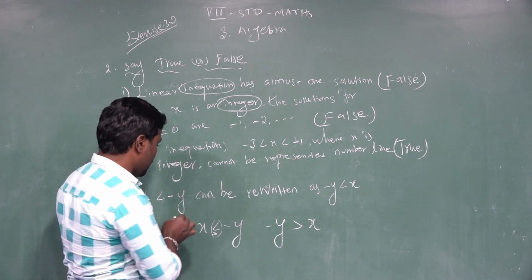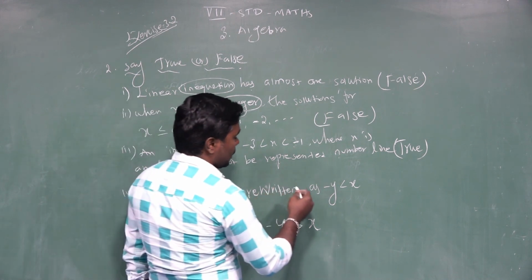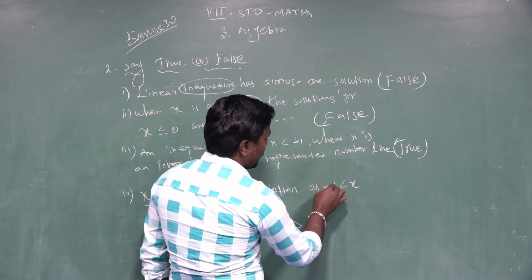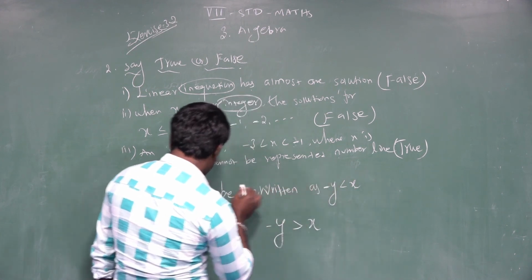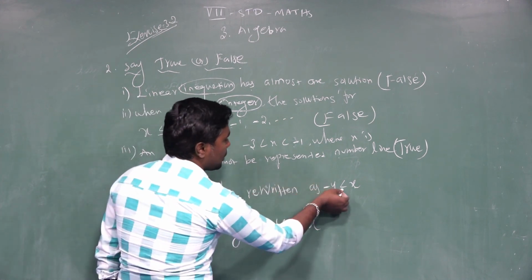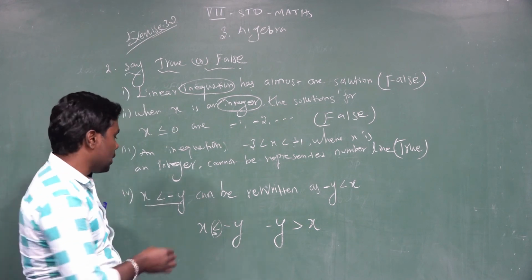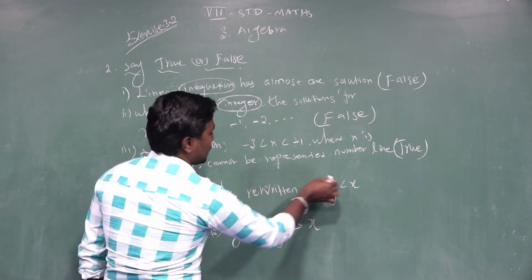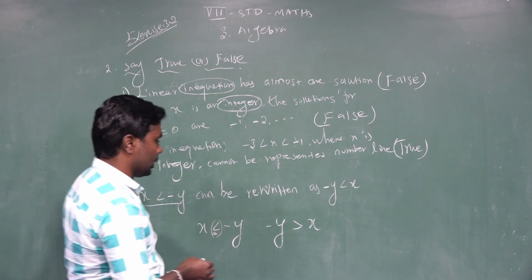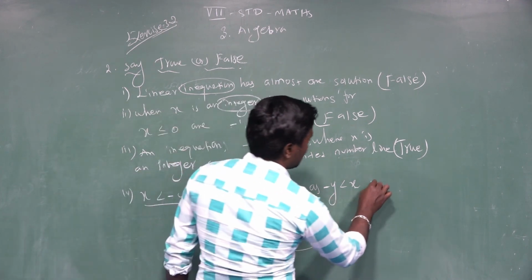But here the sign does not change, so the sign of inequation does not reverse. So false. The correct one is minus y greater than x. False.